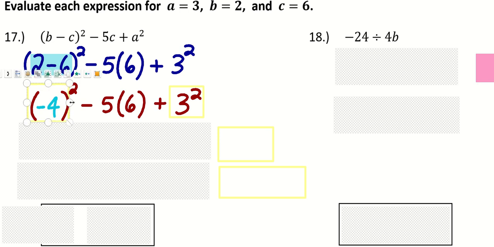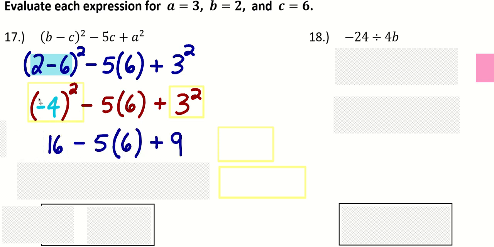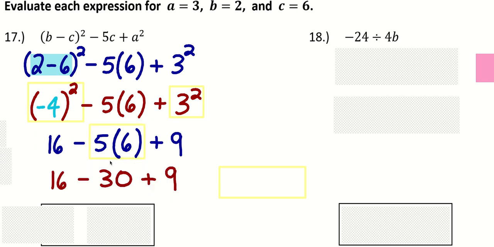So it's probable that we did both exponents: negative 4 to the second power makes positive 16, and 3 to the second power makes 9. What operation would be next? Well, we're not going to subtract or add before we multiply. So again, everything else just drops down.